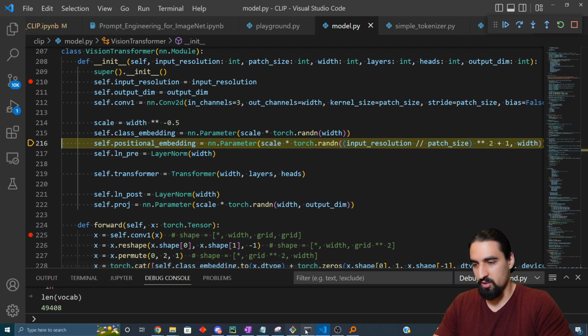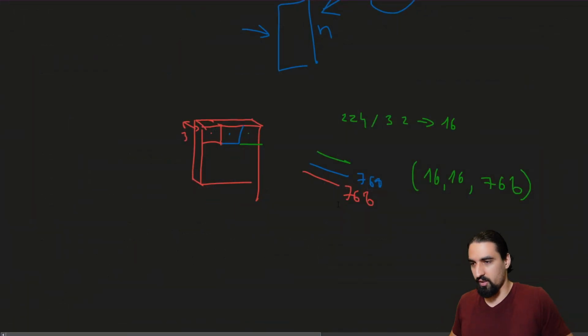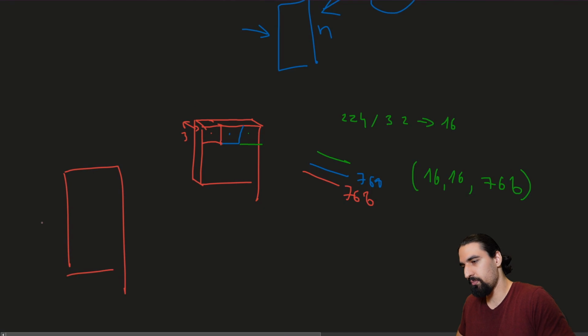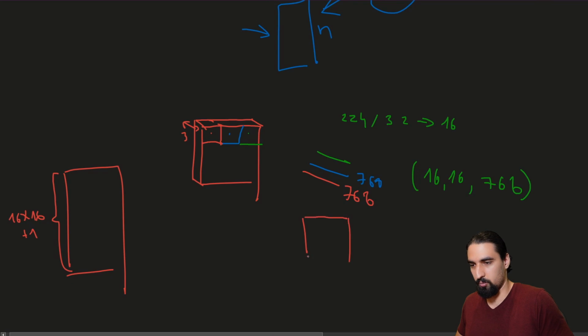If you're confused what that means, let me again go back here. What it does is it's going to construct an embedding table here. The dimensionality will be again 16 times 16 plus 1 for all of these vectors here. So let me try and draw them somehow. This is going to be our output volume, 16, 16, and this is going to be this dimensionality here, 768.